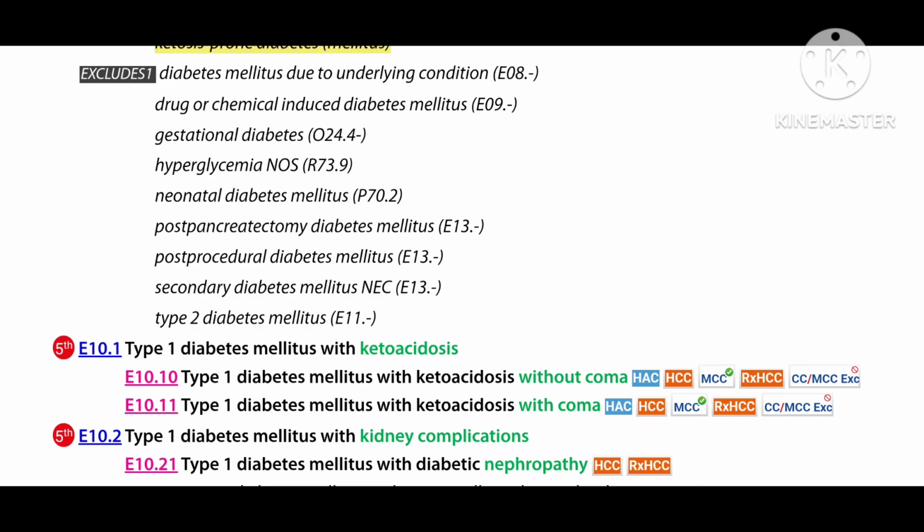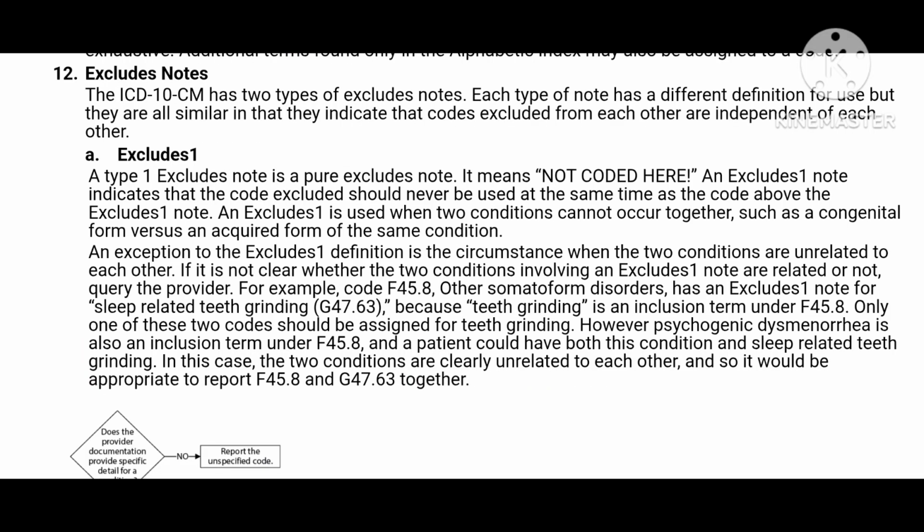That is not a possibility at all. In such cases only they will give this excludes 1. So if you find excludes 1 notes, you should remember that strictly no. You can never code those diseases together. One more example you can see here. Type 2 diabetes, that is E11, can never be coded with E10 because type 2 and type 1 diabetes cannot exist together. So whenever you see excludes 1 notes, you should be very much alert.